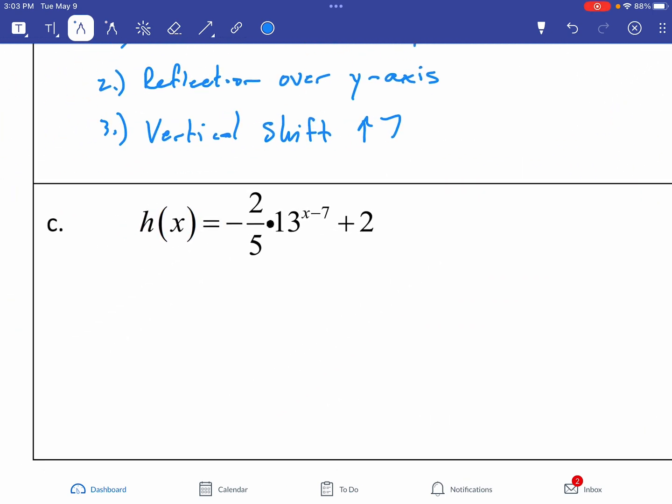C, there are 4 things happening. 1, 2, 3, and 4.